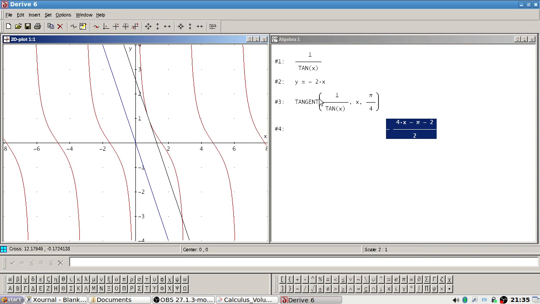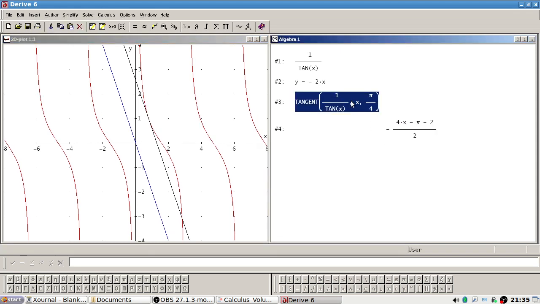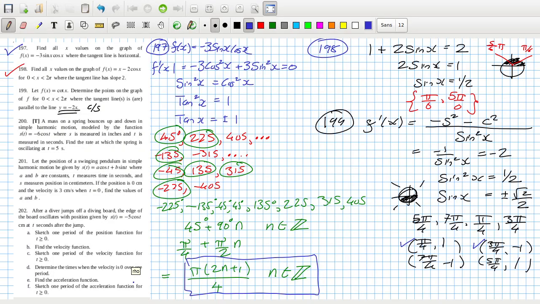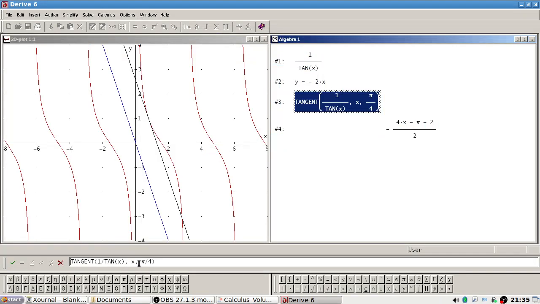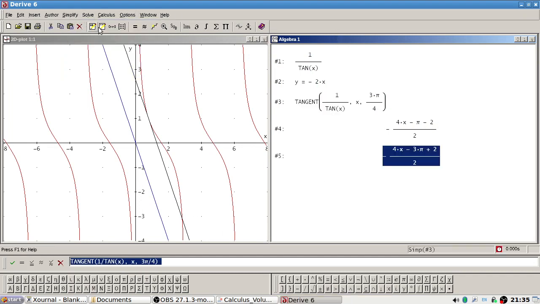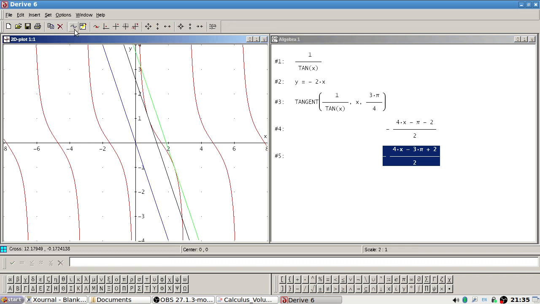Yep, that looks parallel. No problems there. And then the next one is 3 pi over 4. Also looks parallel to me.